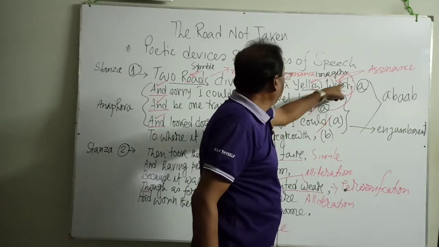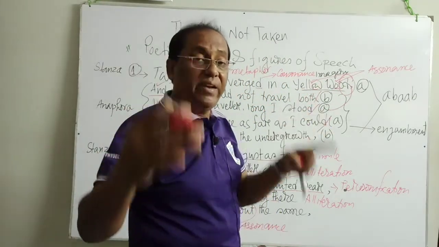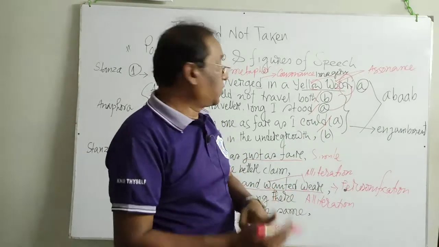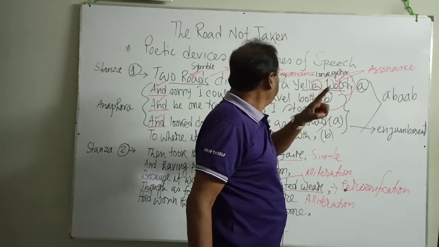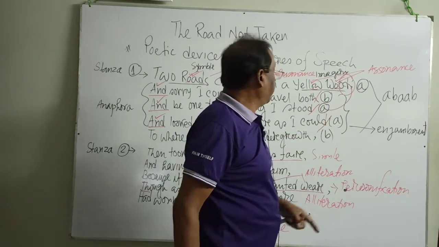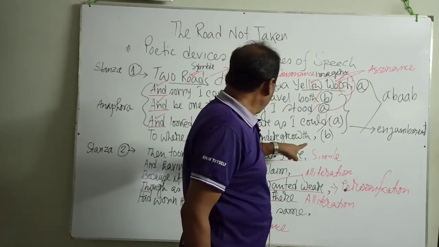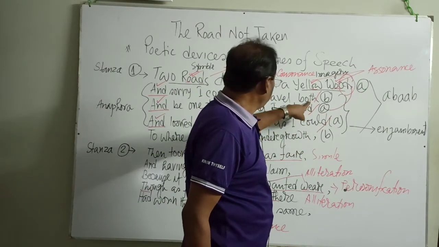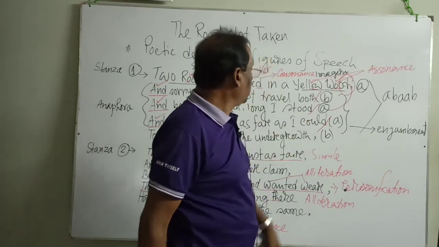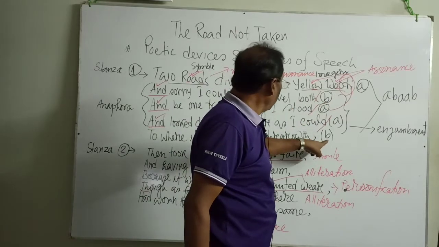These three words and their ending sounds are rhymed together. So, wood is A, stood is A, and could is also A. And both and undergrowth, both growth, these are rhymed together. Both is B and undergrowth is also B.